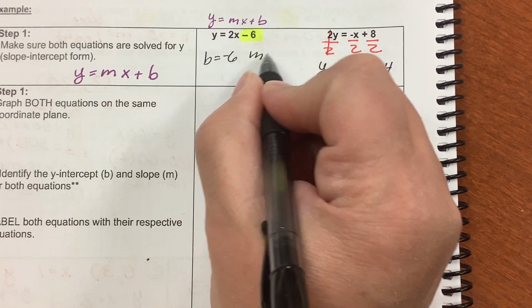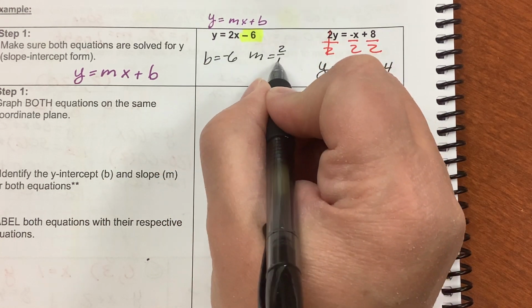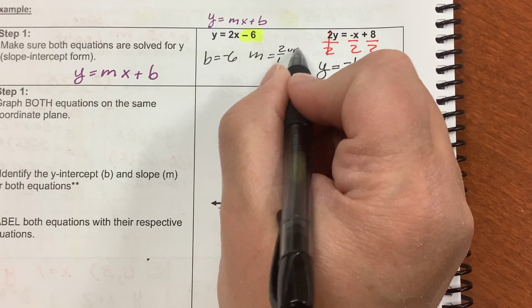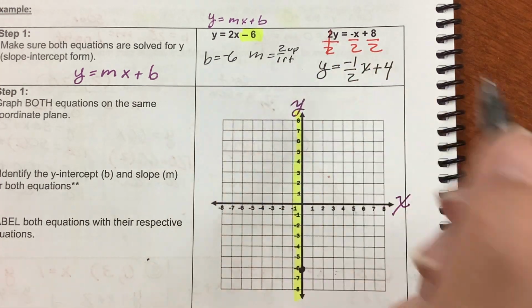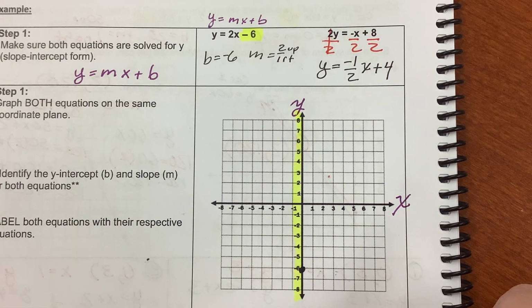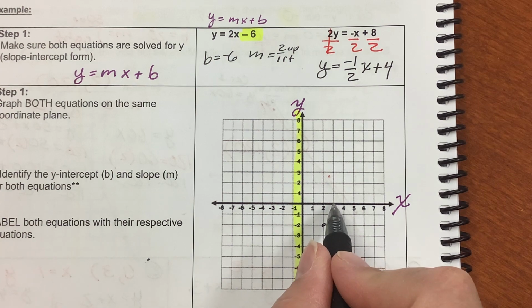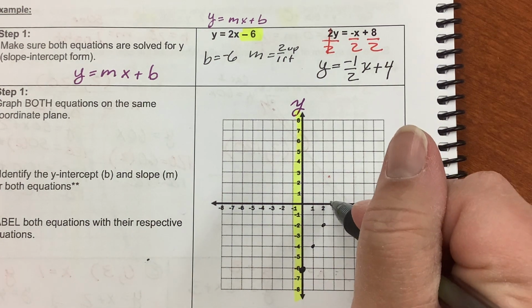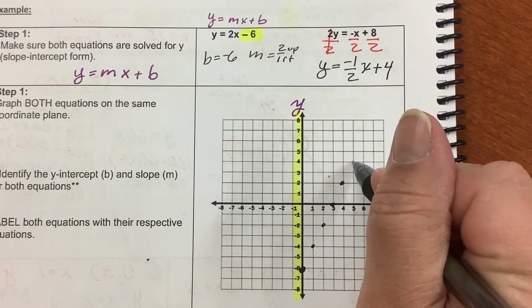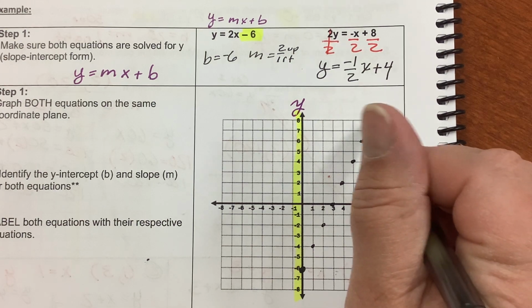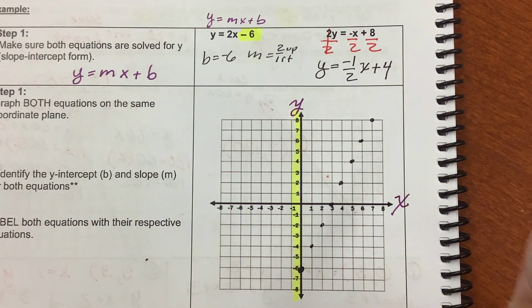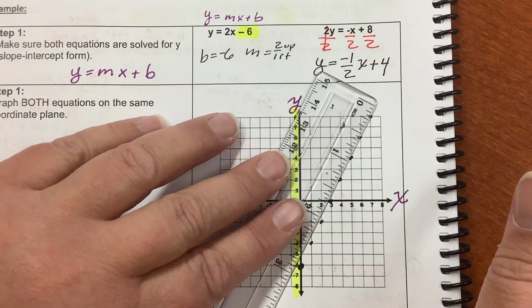And then to get some more points, I need 2 over 1. That's going to be 2 up, 1 to the right, because both of those are positive numbers. So from this spot, I go 2 up, 1 to the right, all the way across. Now I want to go all the way to the end of the graph.